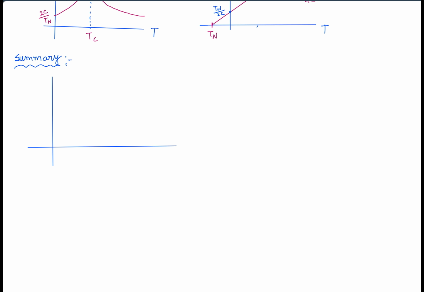Then we get this was antiferromagnetic, this was para, this was ferro, and dia will be this one.